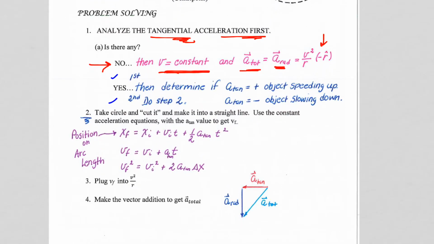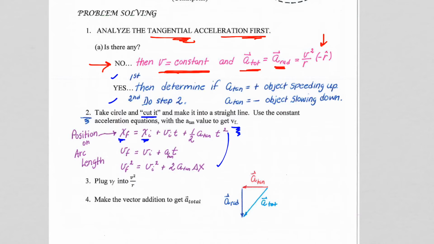The technique you are going to use to problem solve is going to pretend that you actually take a pair of scissors and cut the circle and bend it into a straight line and use the constant acceleration equations to get a V final. V final is going to be what we really need. We need V final from these acceleration equations, where our x now becomes our position on the arc length, and when we do our example problem in a moment, you'll see that.